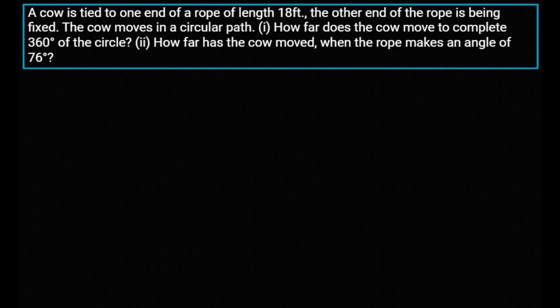So a cow is tied to a rope of length 18 feet. The other end of the rope is being fixed. The cow moves in a circular path. How far has the cow moved to complete 360 degrees?